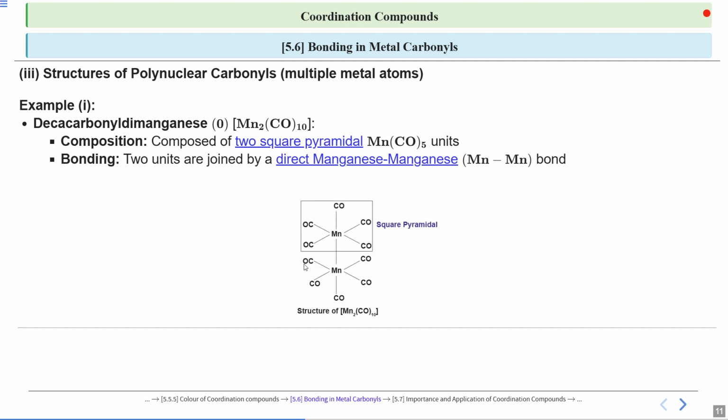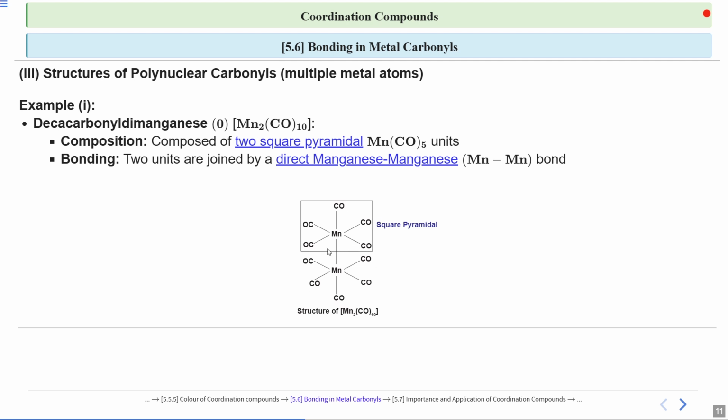So you can see the diagram for this particular polynuclear carbonyl, where 2 manganese are joining together, each being the central metal of its own unit, right? Manganese is the central metal in this unit, arranged in a square pyramidal geometry, and here 5 carbonyls are bonding with the central metal manganese.